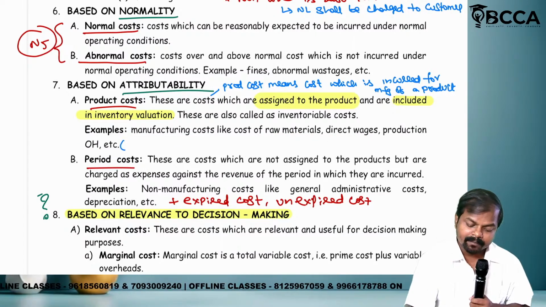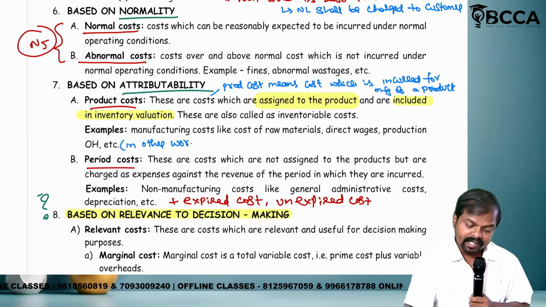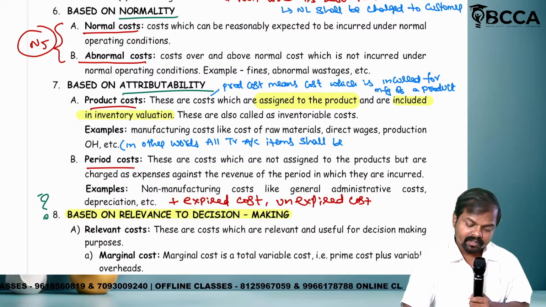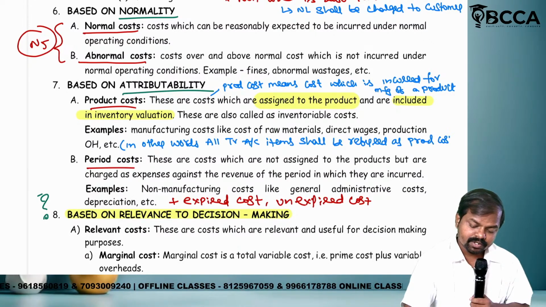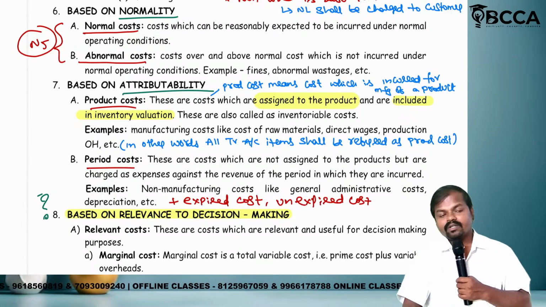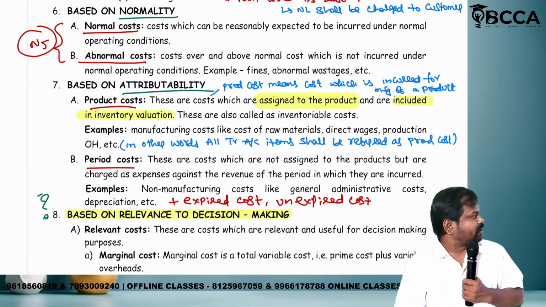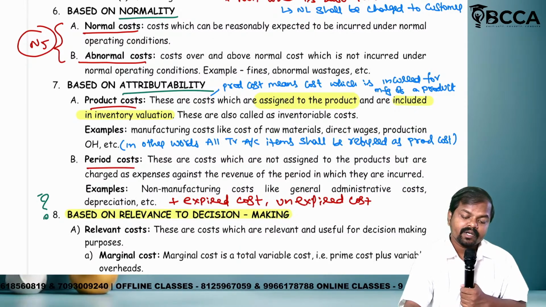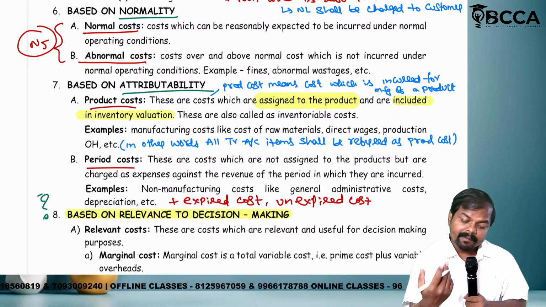In other words, please write, all trading account items shall be referred to as product cost. Shall be referred to as what? Product cost. Clear? Please respond. Excellent.